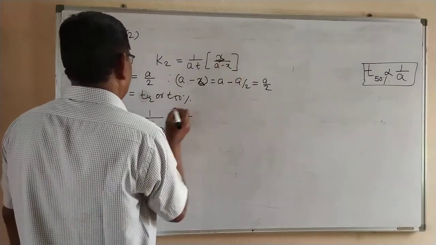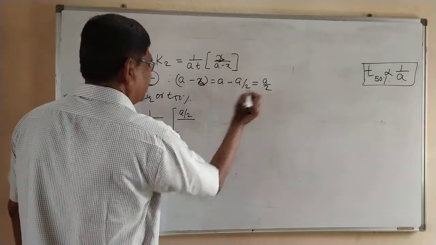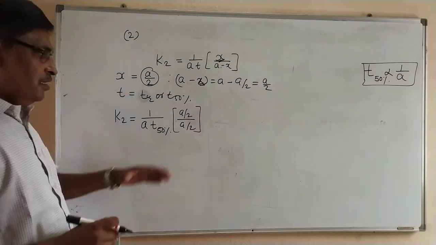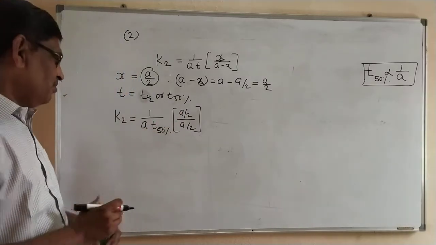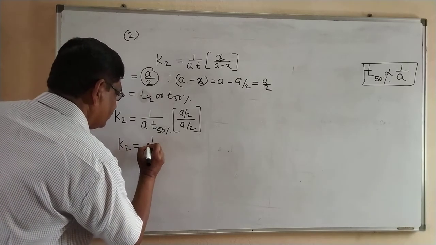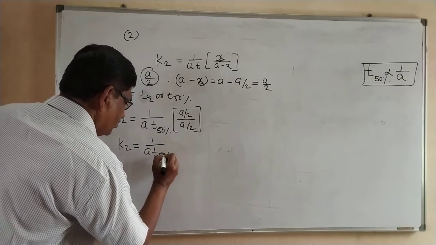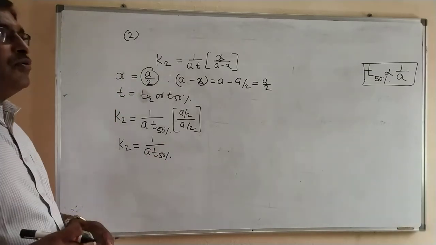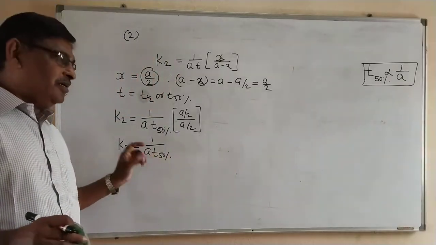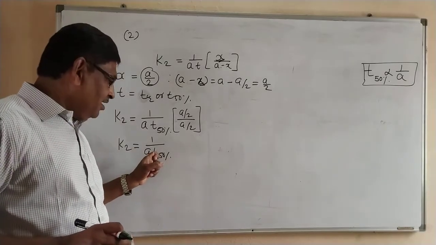Value of X is A by 2, and value of A minus X is also A by 2. A by 2 gets cancelled. What is remaining? K2 is equal to, now we are interested in finding the value of time required to bring about 50% of change. That is, we are finding T 50%.